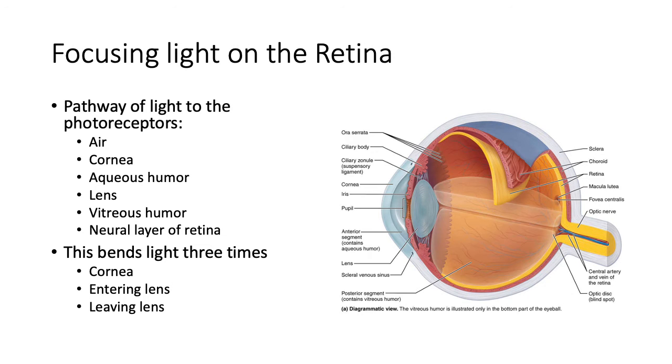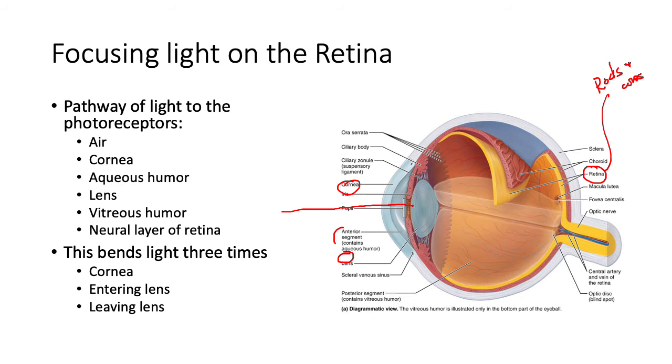So the retina specifically is the layer that contains our rods and cones, that contains our photoreceptors. But to get there, light has to first travel through the air. Then it's going to travel through the cornea here. Then it travels through the aqueous humor. From there, it then hits the lens, which is here.